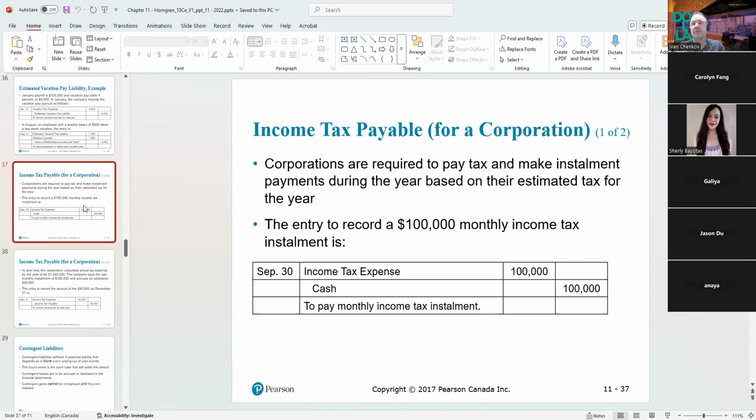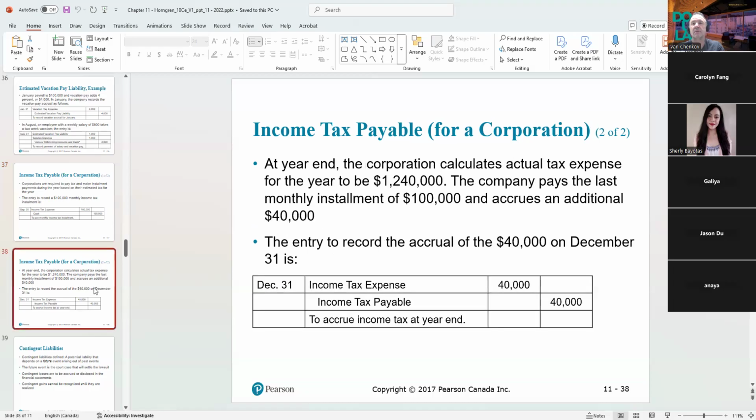What will be the income tax expense that this company is going to accumulate if they're paying $100,000 every month? How much will be the income tax expense at the end of the year, from January to December? 1,200,000, yes.